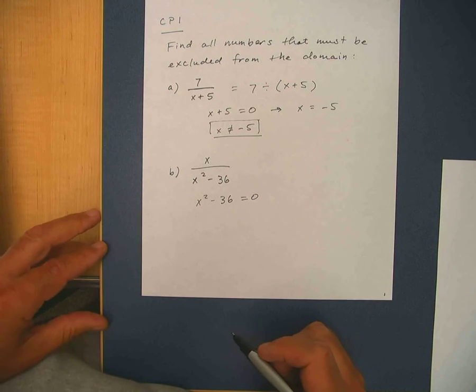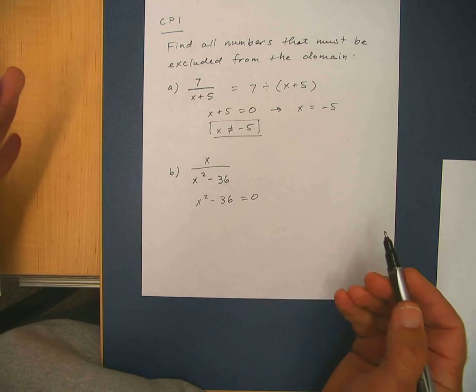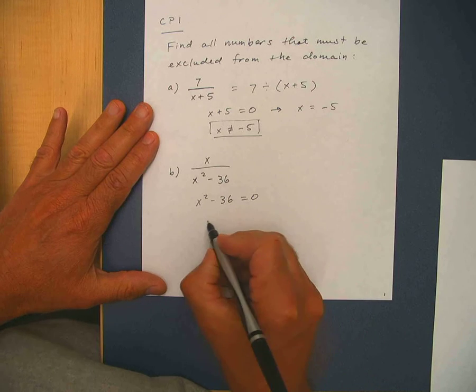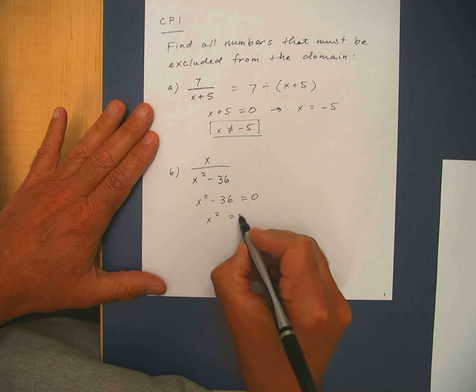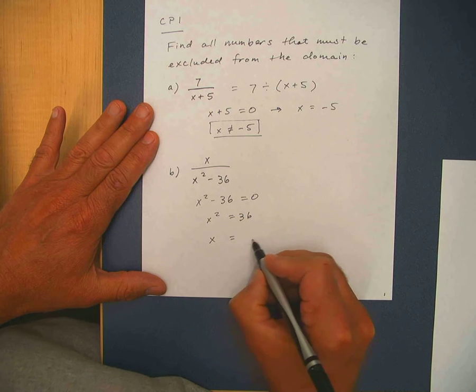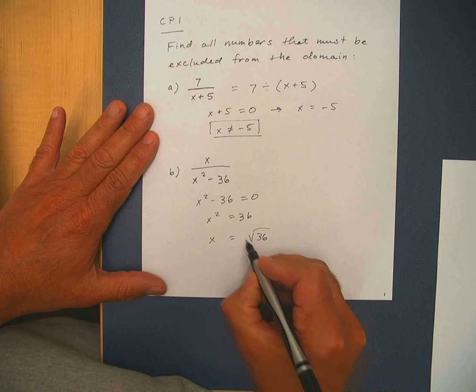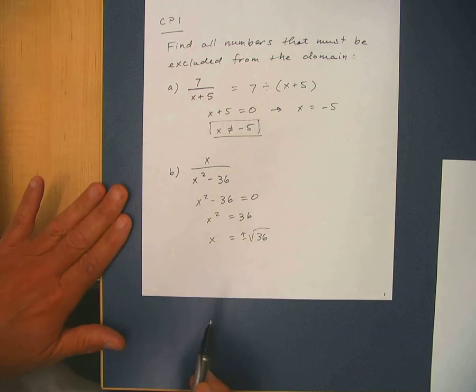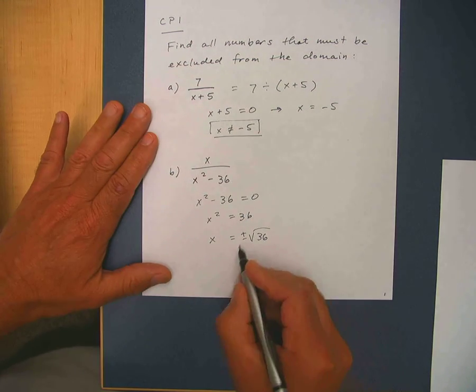There are different ways you could solve this. I'm going to add 36 to both sides. Take the square root of both sides, and we get x equals the square root of 36, or actually plus or minus. When you're solving equations, it could be positive or negative.